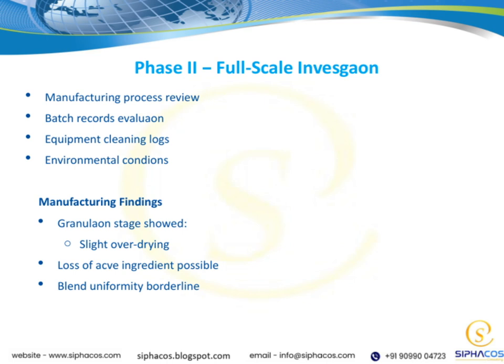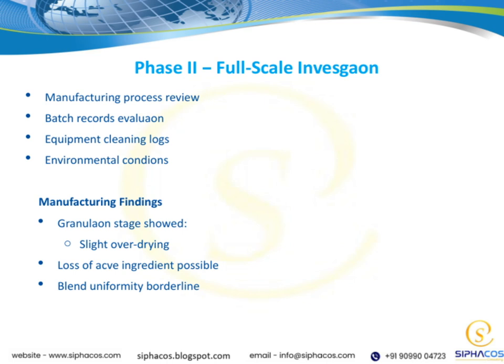We'll review the entire manufacturing process to identify any potential issues. This includes evaluating batch records to see if there are any inconsistencies or deviations. We're also inspecting the equipment cleaning logs to ensure proper hygiene and maintenance, which can influence product quality.